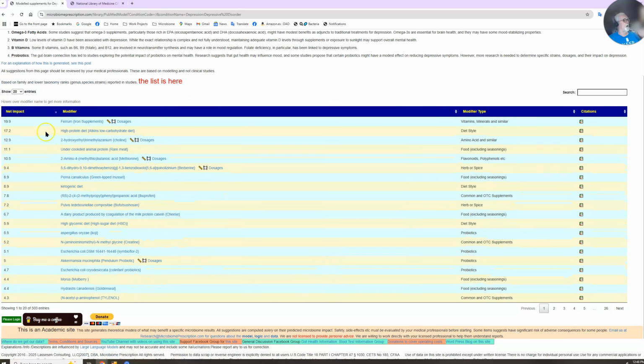For example, iron supplement is number one choice. Iron supplement for depression, to me, is very logical. Why? Because iron is a key factor for delivering oxygen in the blood system, and depression is associated with having low oxygen, low saturated O2 levels.